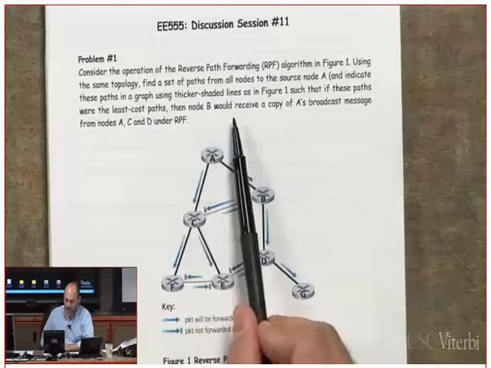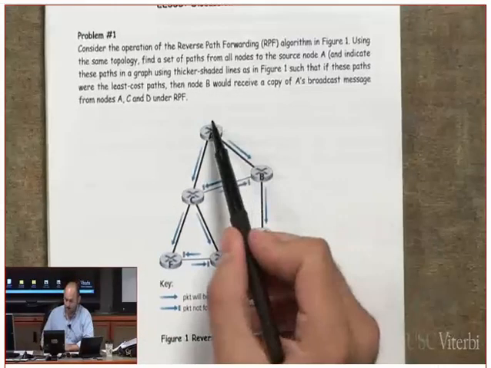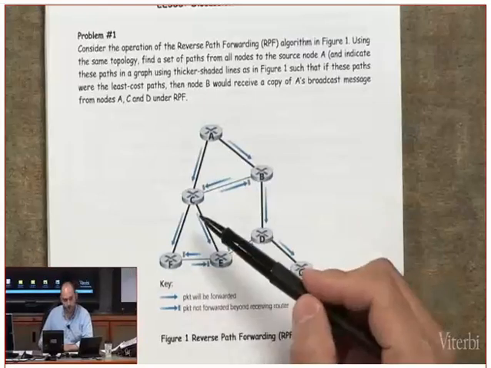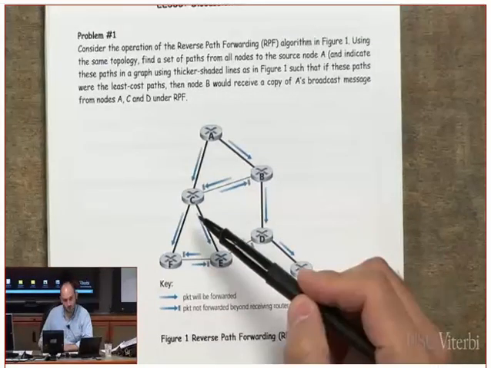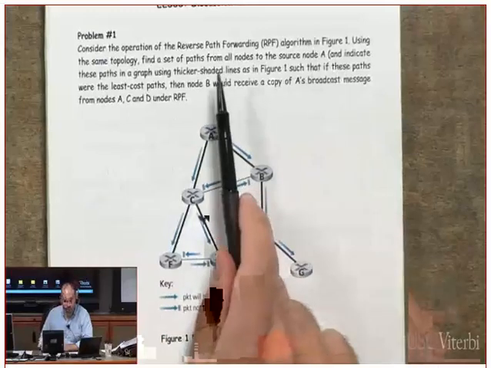Okay, this is the source A, and this is B, and we want to draw a graph that represents the least cost paths. So this is a known shortest path link. You see? This is a line. That's what we want to draw over here.